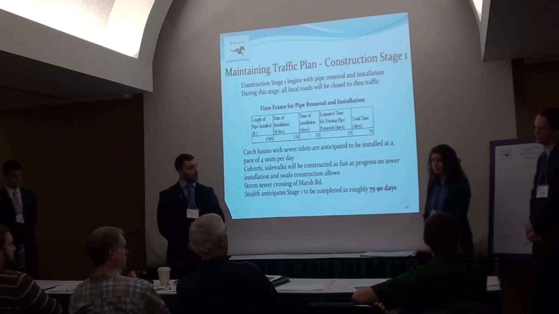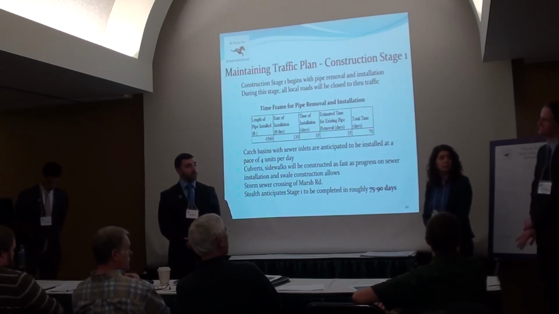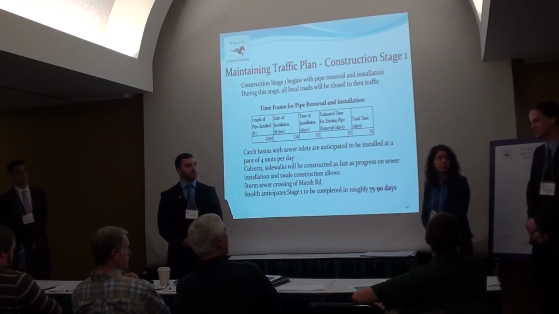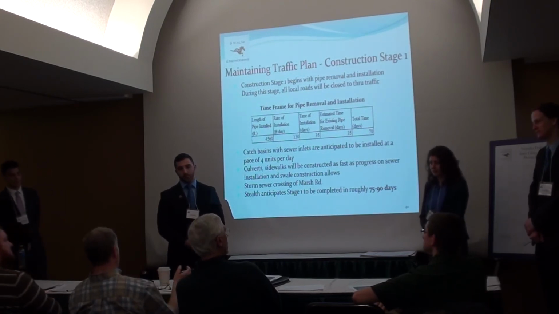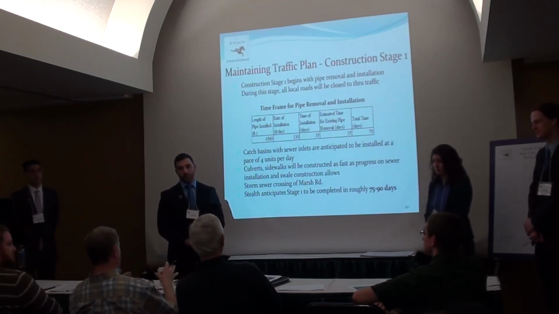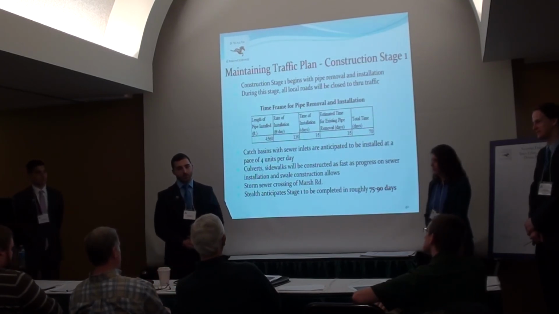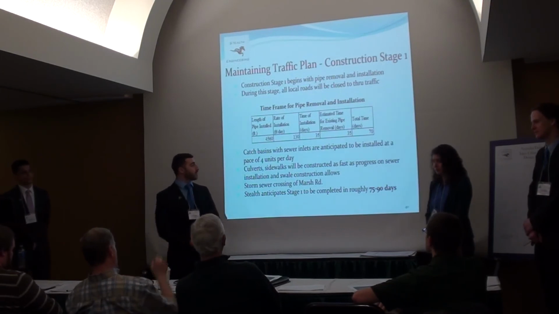Most of the pipe that we're removing is following generally the same path which we designed. So as you're excavating the trench to install the pipe, you have to be in the same vicinity where you need to be excavating to remove the pipe? Yeah.